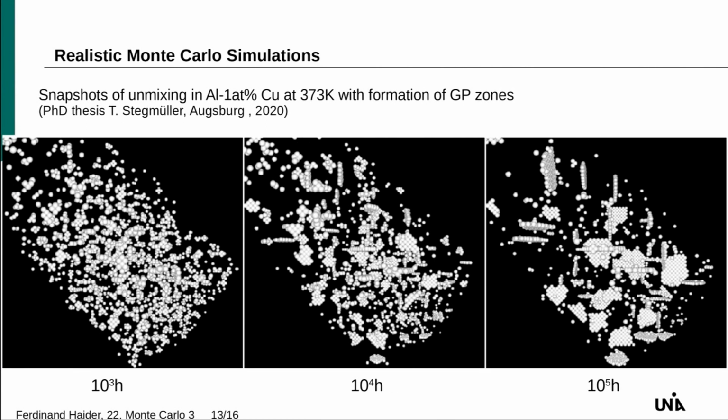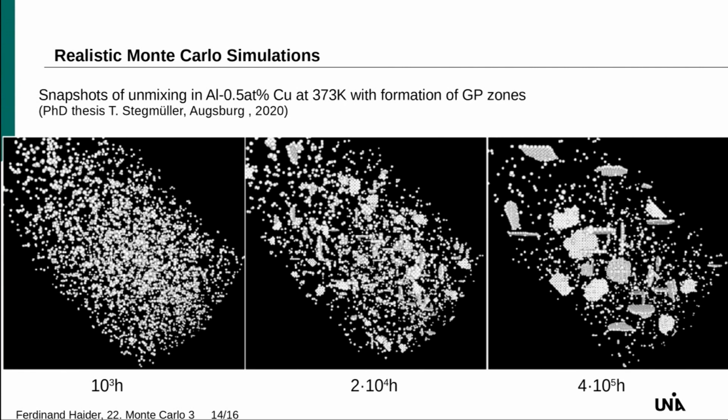So this was at 1% copper here, which is typical. In technical alloys they always count in weight percent, not in atomic percent. So I think this corresponds to 3 or 4% in weight percent. That's at 0.5% here.